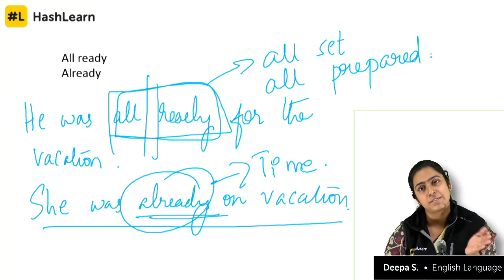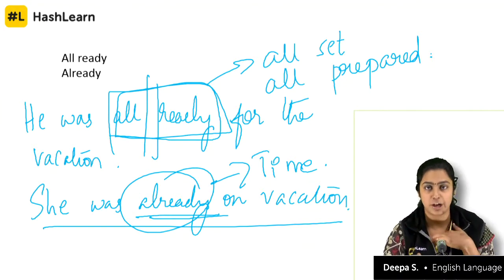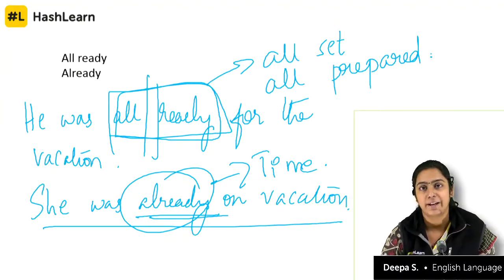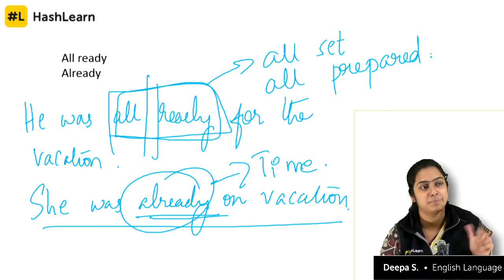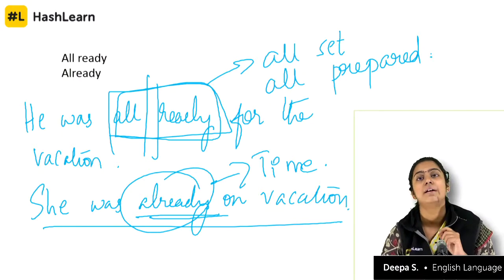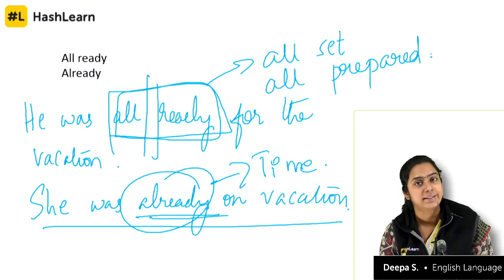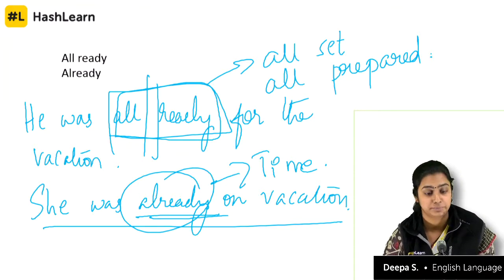So he was all ready for the vacation, full stop. His flights, comma, his accommodation and his plans were already booked. Okay. So this particular set of lines would help you understand the difference between all ready and already. Do not interchange these two. They are never interchangeable. Meaning wise, they are very different.